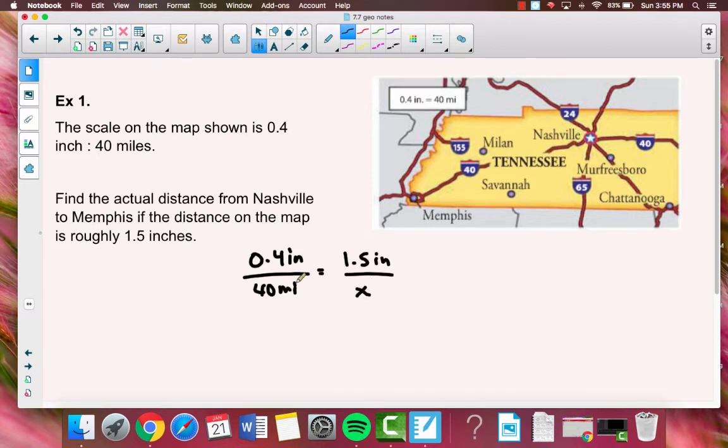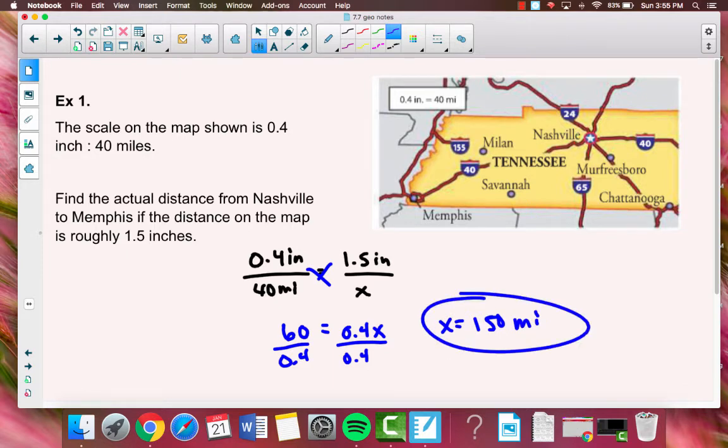Then all we have to do is cross multiply, just like we've been doing this entire chapter. So we take 40 times 1.5, that gets us 60, and then 0.4x. And then, of course, we can just divide by 0.4 on both sides. Hopefully this part is pretty easy because we've done it the whole chapter. And we get that x is equal to 150 miles, approximately.